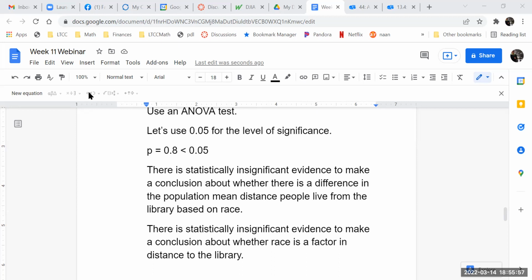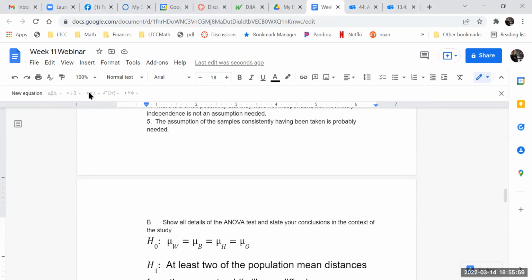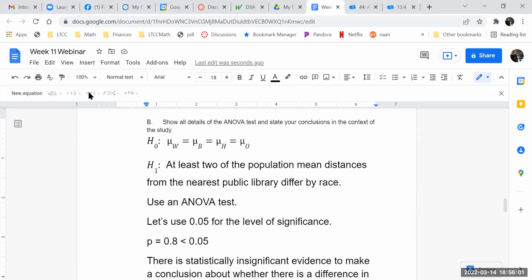Okay, just to talk about this a bit, what if instead of 0.8, we had different data, and let's say you had 0.02.